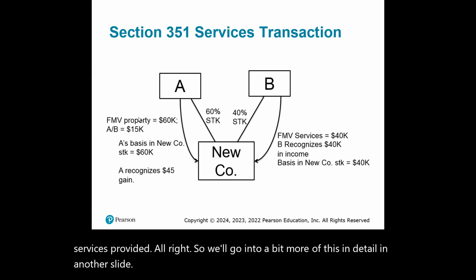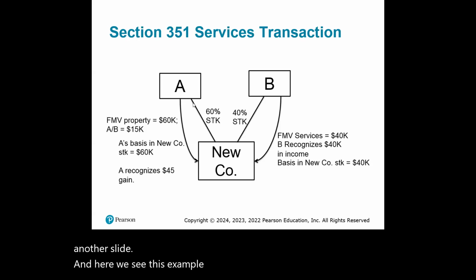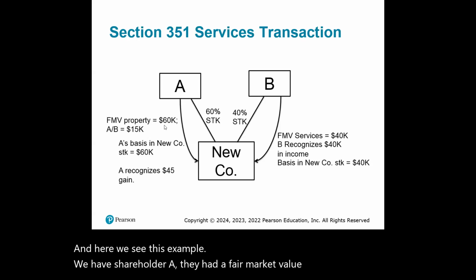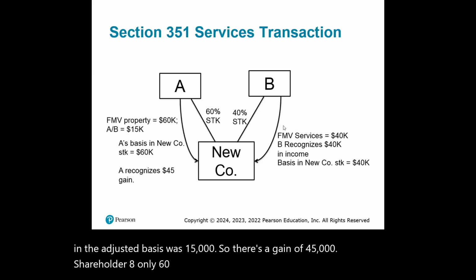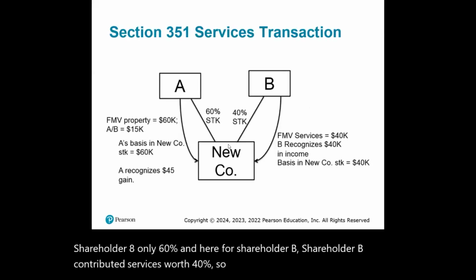So here we see this example. Shareholder A had a property with a fair market value of 60,000 and the adjusted basis was 15,000, so there's a gain of 45,000. Shareholder A owns 60%, and shareholder B contributed services worth 40%. The control requirement is 80%.